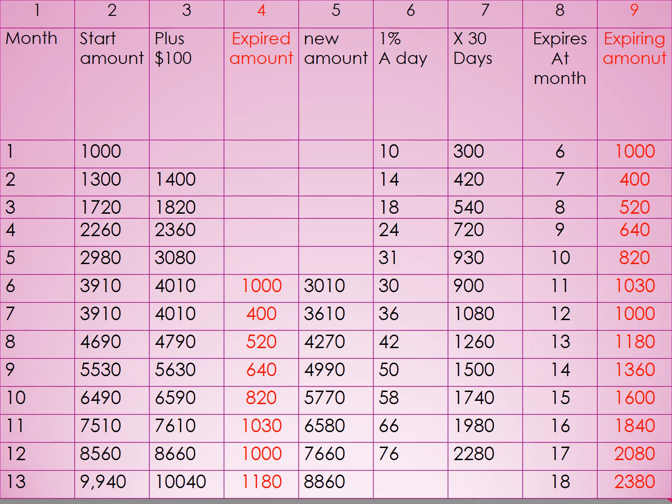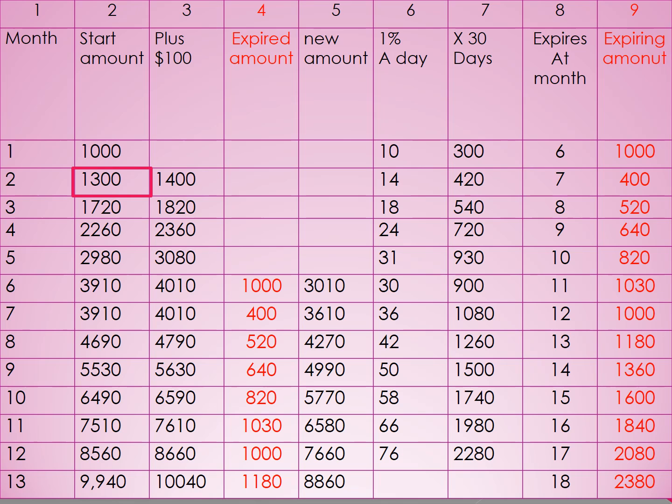In month 1, you can see in column 7, row 1, your gain, or your profit share rather, is $300. So now let's go to row 2, column 2, where you see $1,300. That's the amount that you're getting paid on.